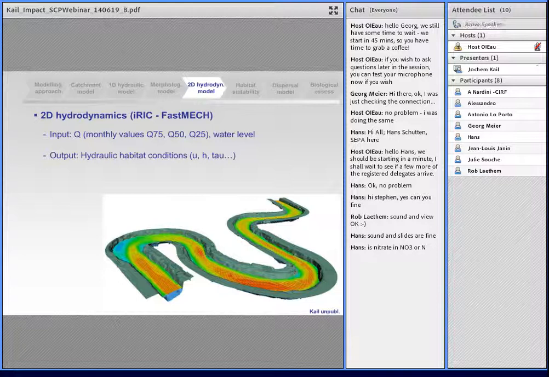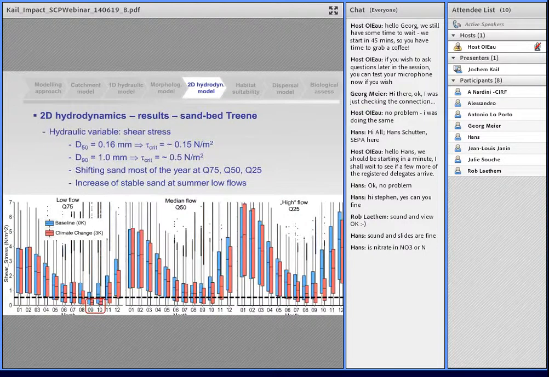And the output, of course, are hydraulic habitat conditions, so depth, averaged flow velocity, and also things like shear stress. And this is a kind of summary for the three different hydrological variables and a comparison between the baseline and the climate change conditions.